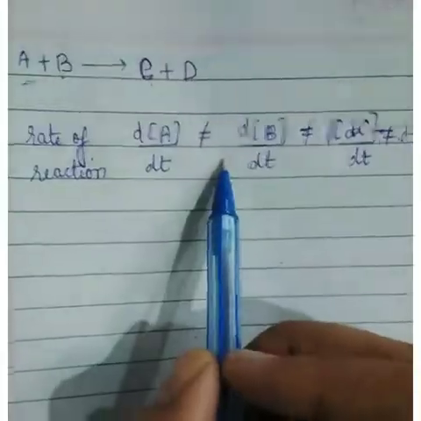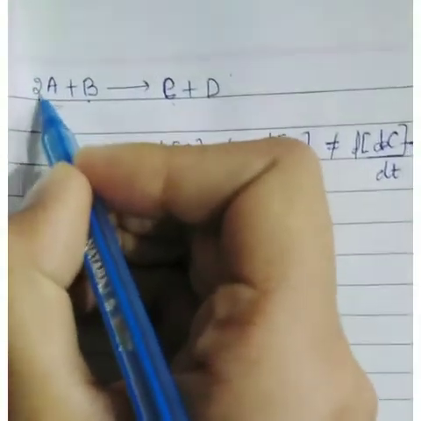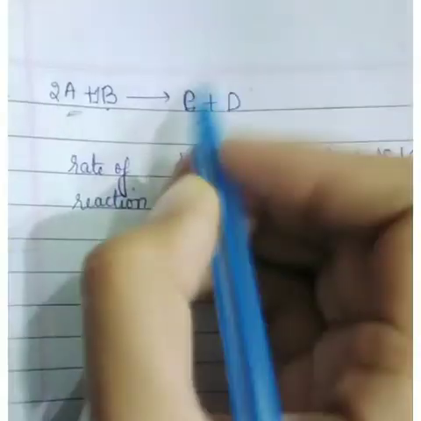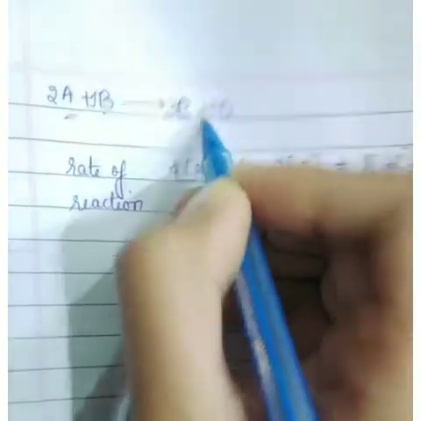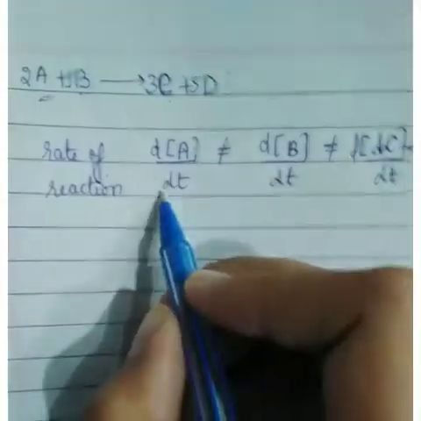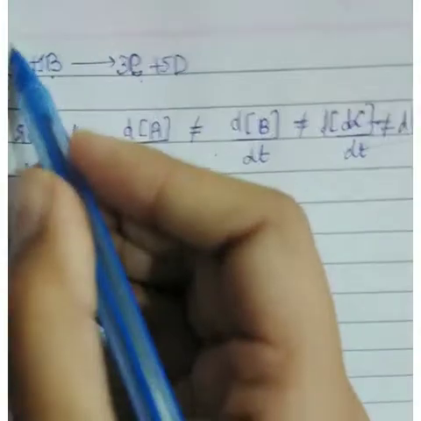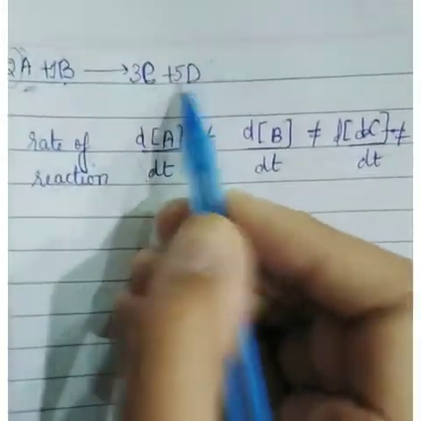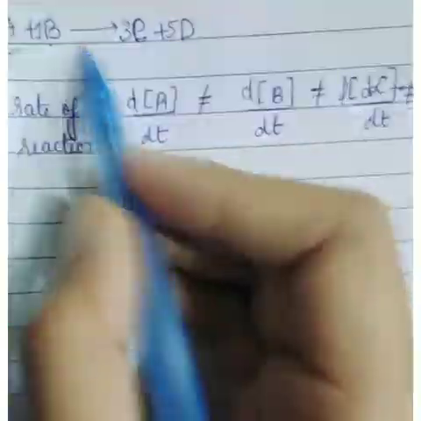Suppose the coefficients are 2, 1, 3, and 5. These are stoichiometric coefficients. These rates will only become equal when we divide by these particular coefficients in the denominator.